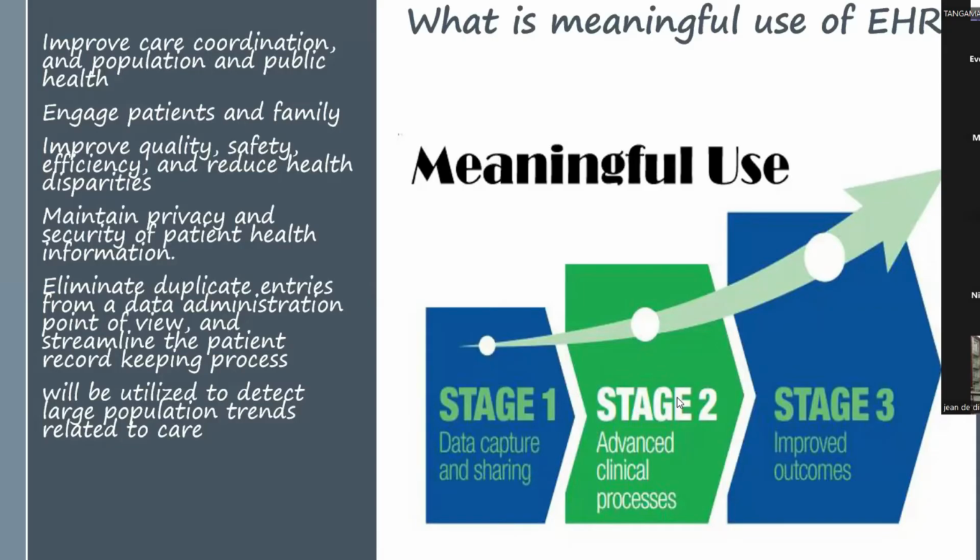So when there is this health information in an organization, duplication of files also decreases, and it will be utilized to detect large population trends related to care, and to see how diseases progress in the community, and the status of diseases in the community in general. It becomes easier because of accessibility of analysis of data which are in the system, and it helps to analyze as quickly as possible the trends of the diseases.